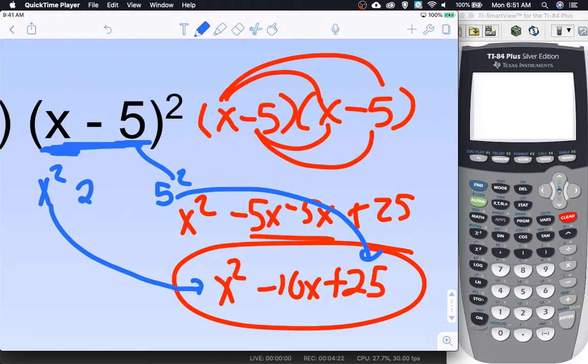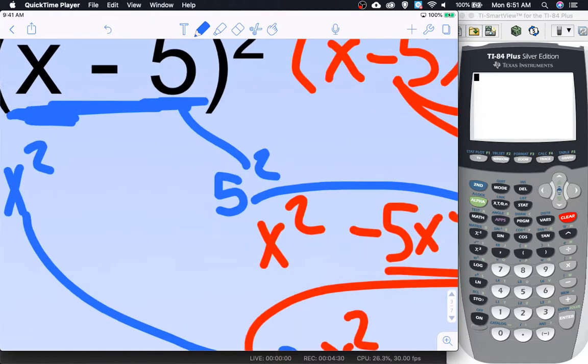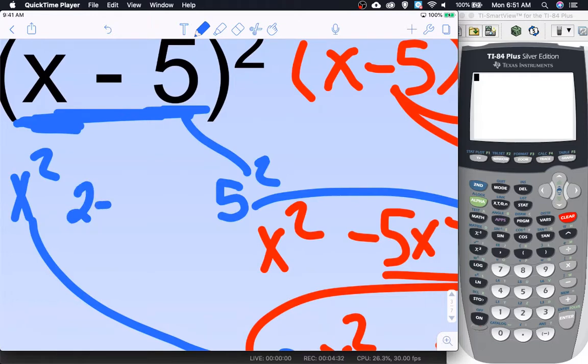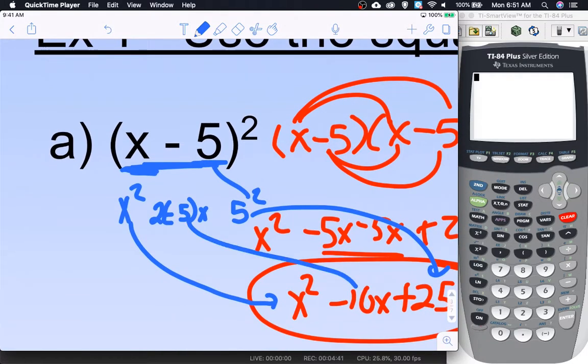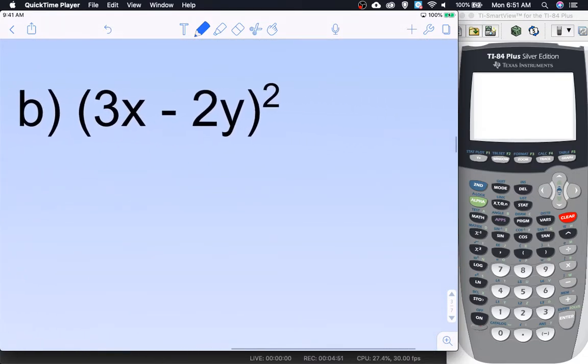So 2 times -5x. There you go, and that's that piece there. So that's what the pattern in the vocabulary box is trying to show you. It's just a very ugly way of doing it, where if you just multiply like normal, there's nothing to worry about. You don't have anything new to remember.